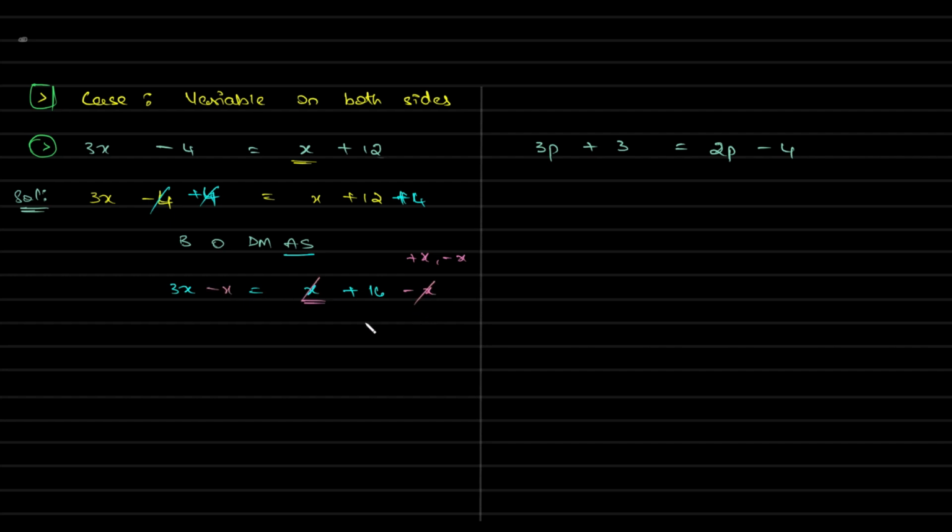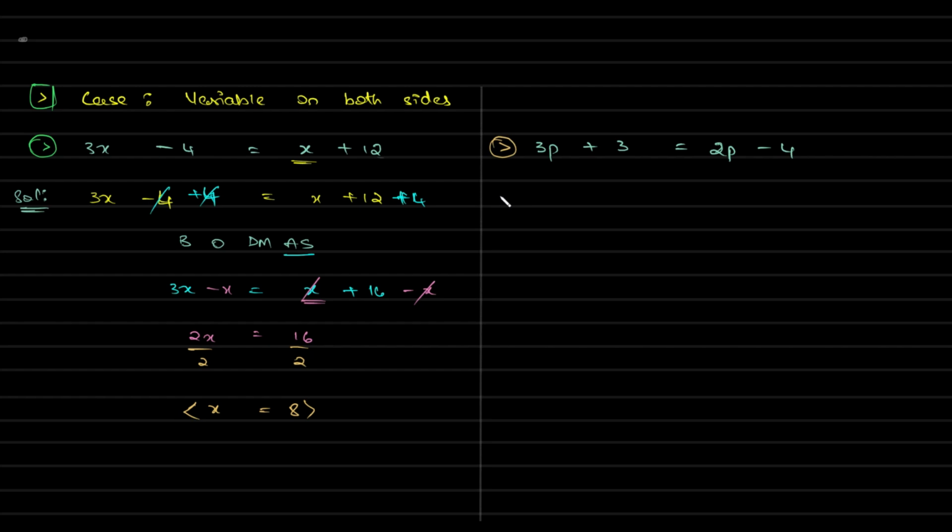So +x and -x gets cancelled, and we have 2x is equal to 16. Okay, got it? As simple as that. Have a look. It's not complicated, it's the same thing again and again. So at last we will divide with 2, and we have x is equal to 8. That's it.